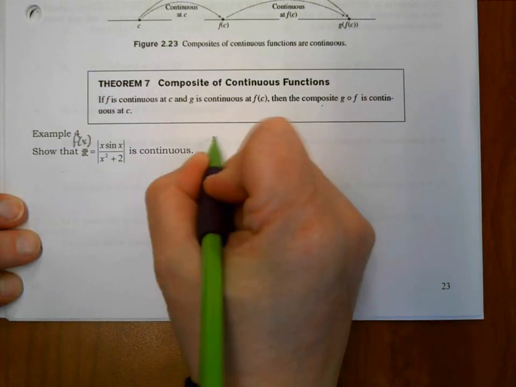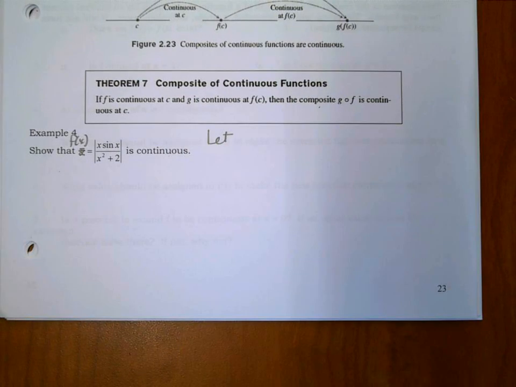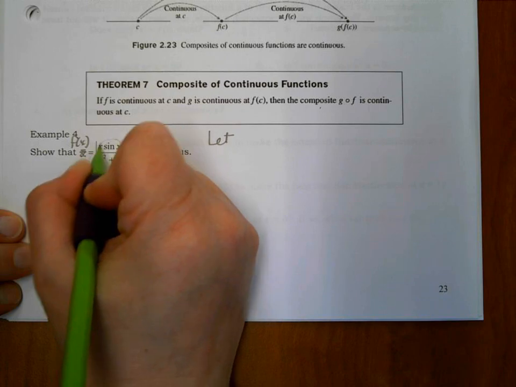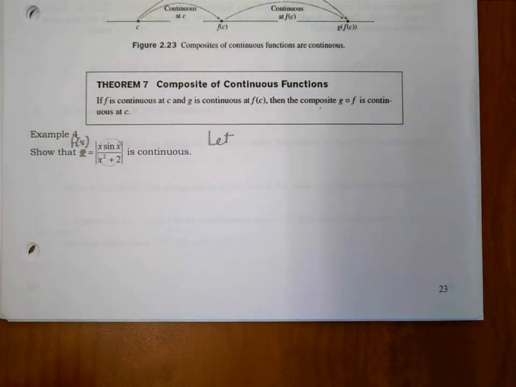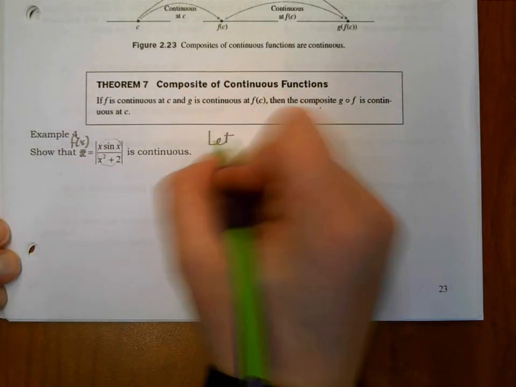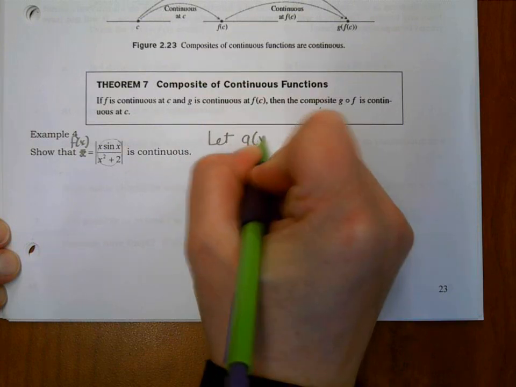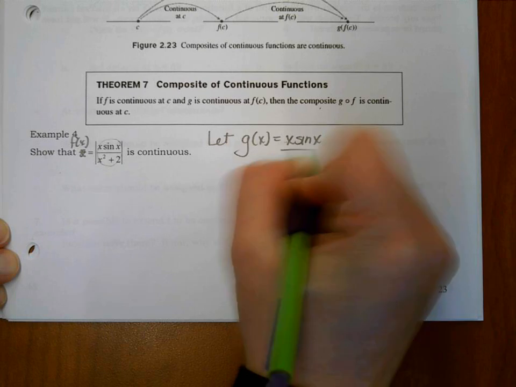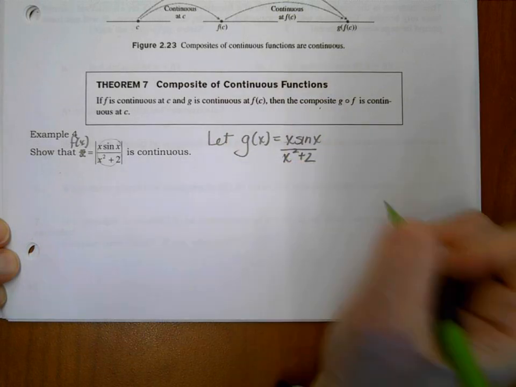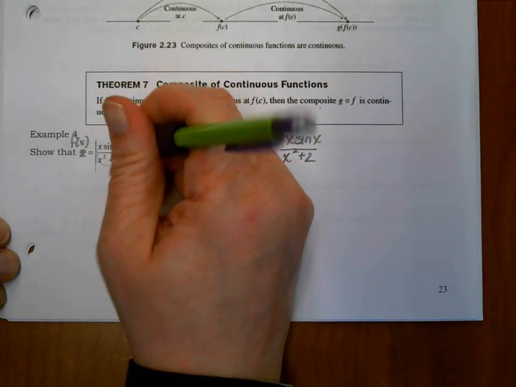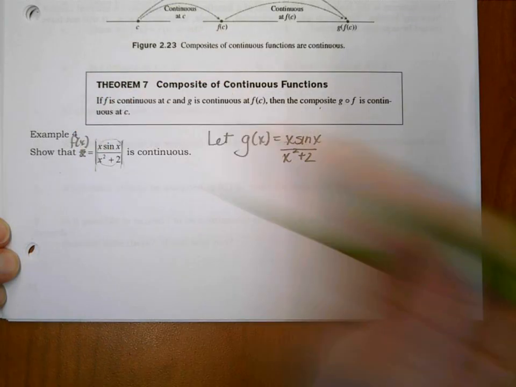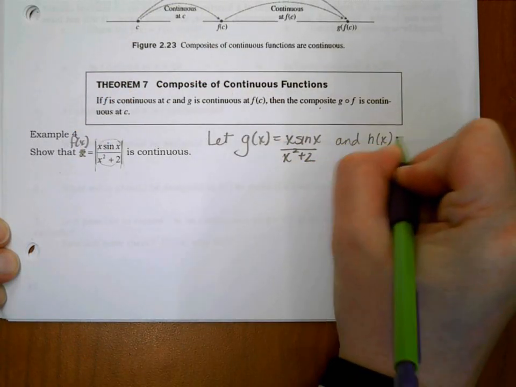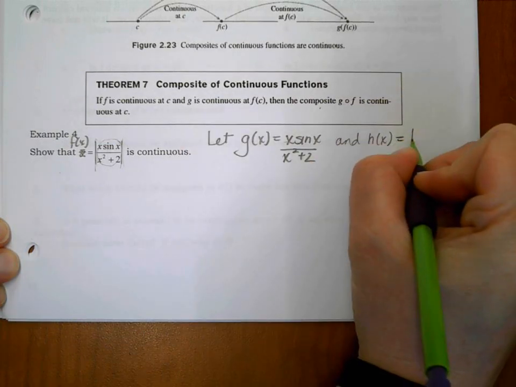If I let the inside of this be one function, I'm going to say g of x equals x times the sine of x over x squared plus 2. And then I let the outer rule surrounding that be another function. So let's say h of x is just the absolute value.